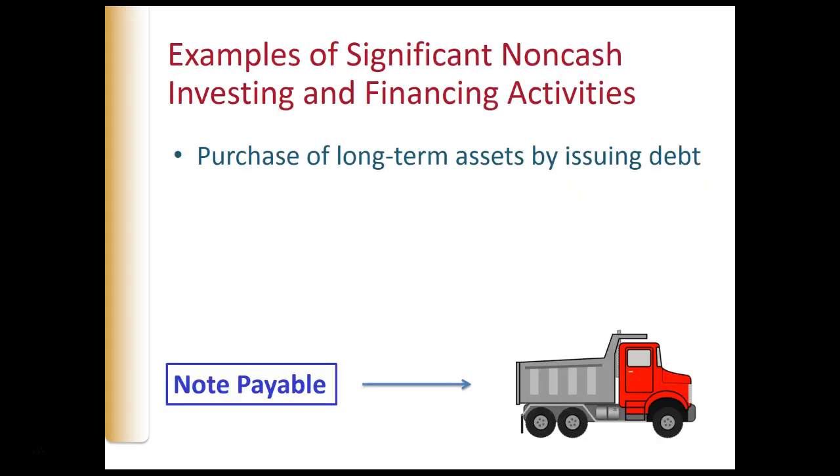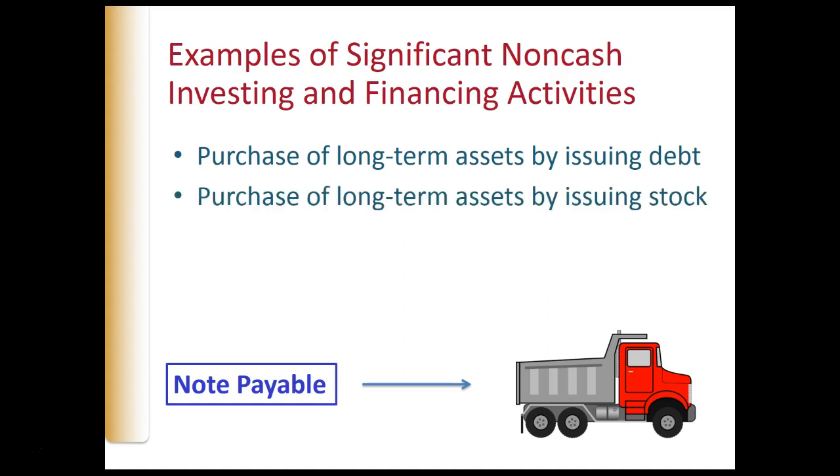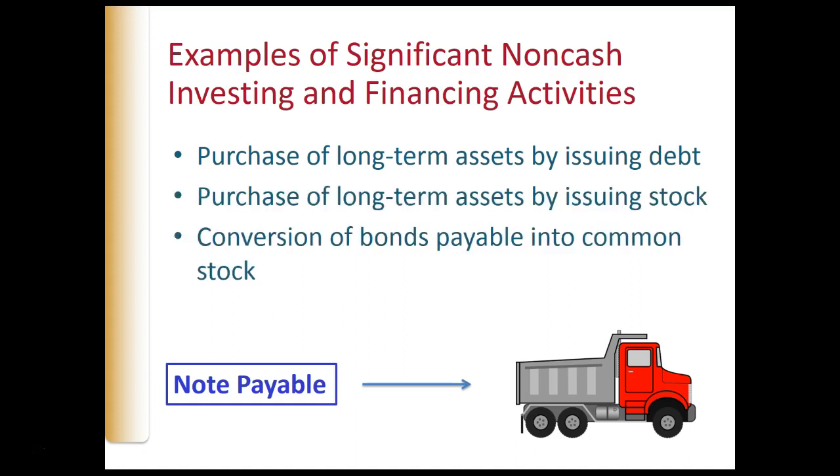So transactions that do not increase or decrease cash but that result in significant investing and financing activities are reported as non-cash activities either directly after the cash flow statement or in a note to the financial statements.